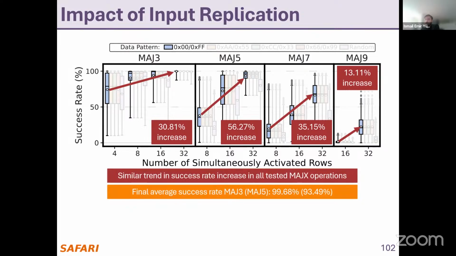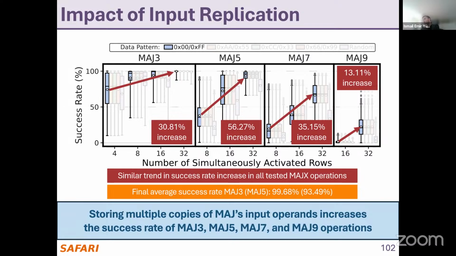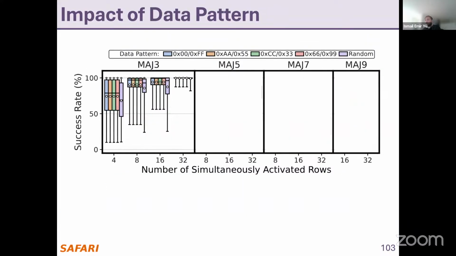As a final average success rate, MAJX3 has 99.68% success rate, whereas MAJX5 has 90.49%. And we conclude that storing multiple copies of majority input operands increases success rate drastically. And now let's take a look at the data pattern impact.